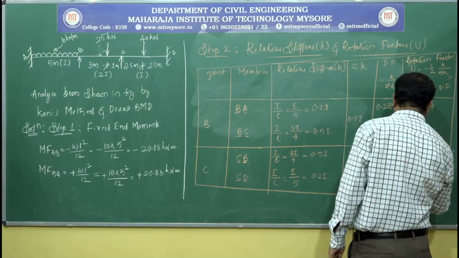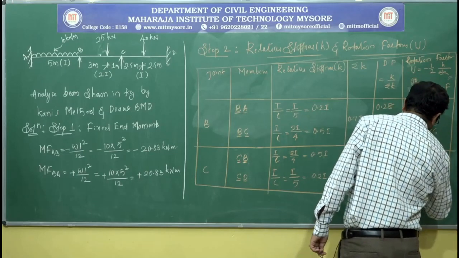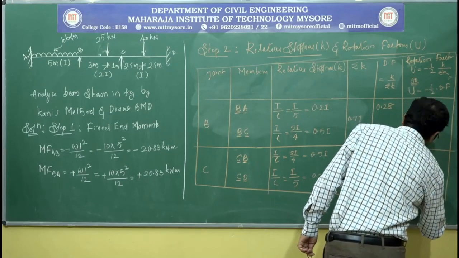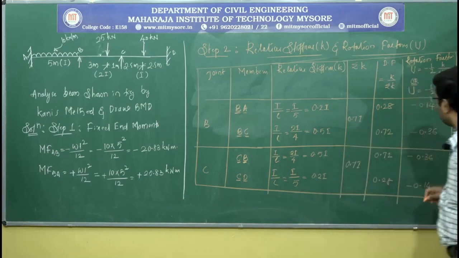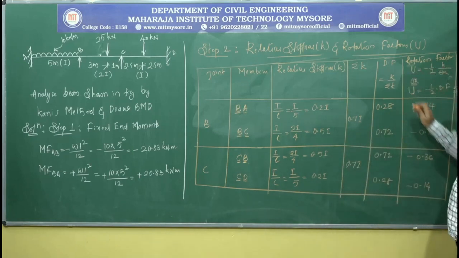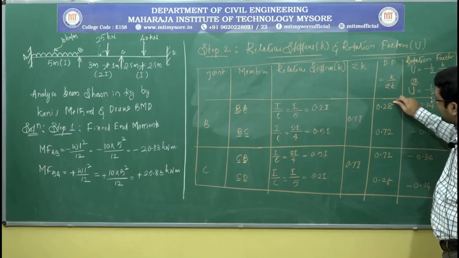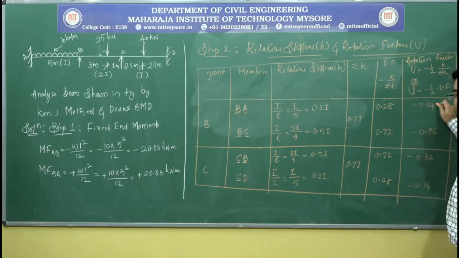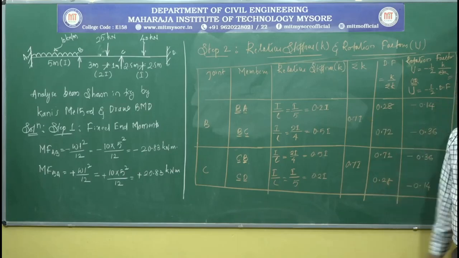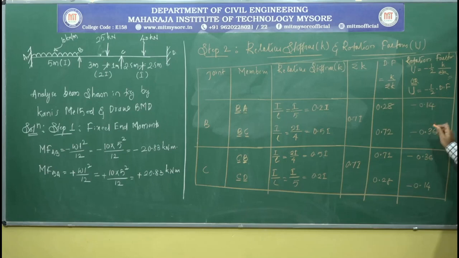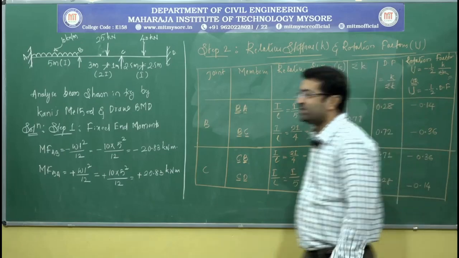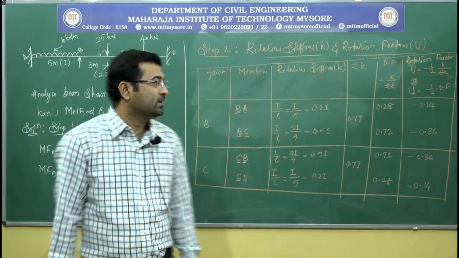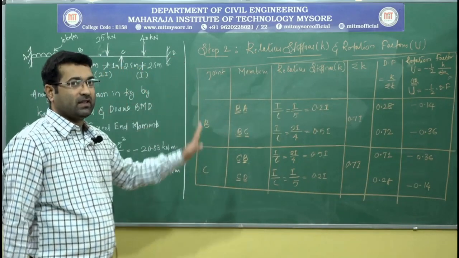So we have minus 0.36 and minus 0.14. Now here we have one more cross-check. Just as the total distribution factor at any joint must be 1, the total rotation factor at any joint must be minus 0.5. If you add these two, it gives exactly minus 0.5. Similarly, minus 0.5 here. If these values are correct, then you can say step number 2 is correct.